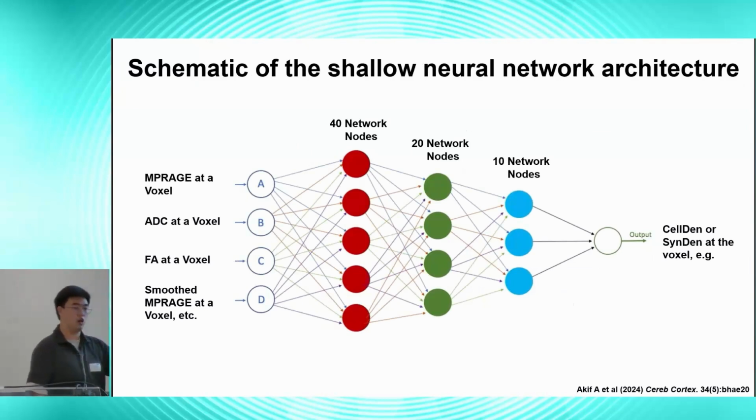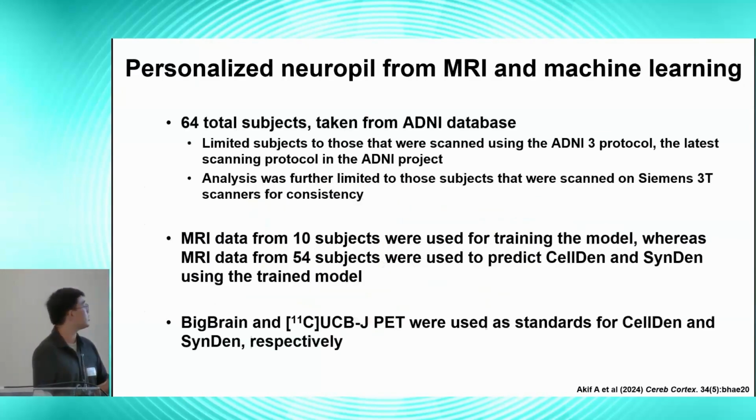Because these are only voxel-wide, they do not have neighboring information, right? So we also input some smoothed versions of these inputs to the model to get some neighborhood information and hopefully make the predictions a little bit more robust. We have a very shallow network with 40 nodes, 20 nodes, 20 nodes. And at the end, we get our SINDEN and CELDEN predictions.